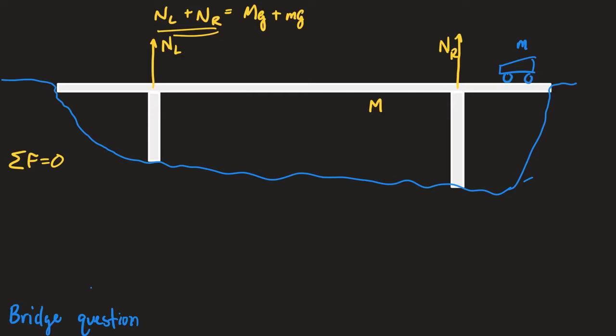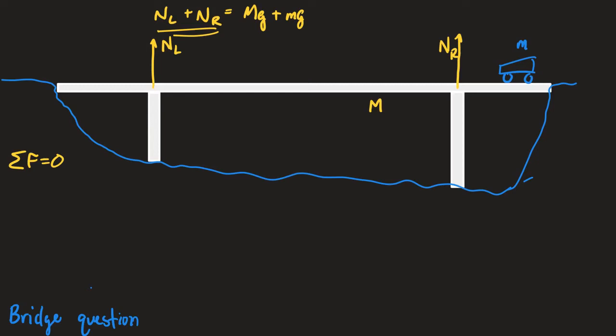Now, look, there's the qualitative part and the quantitative part. The qualitative part is you knowing that the car's presence on the bridge determines how much of the normal force is being distributed on each of the pylons, and that the normal force will be greater when it's closer to a pylon.